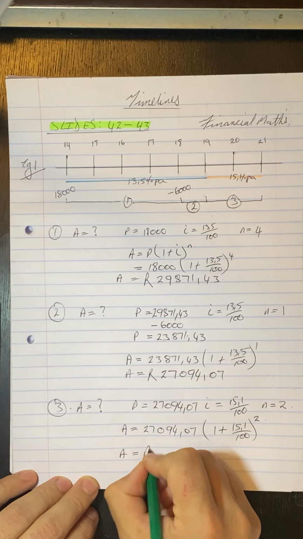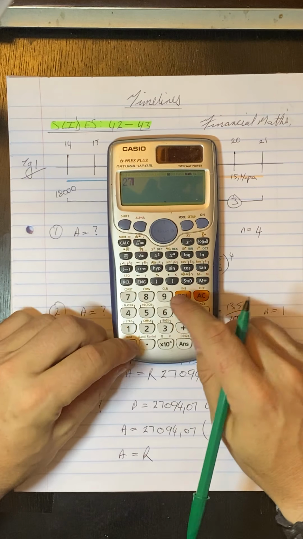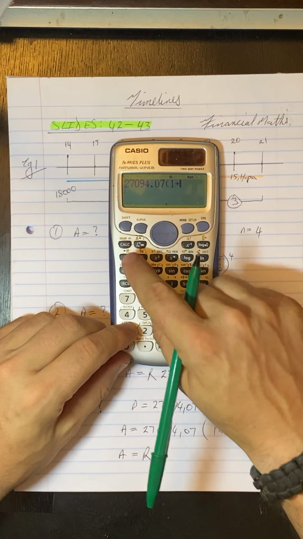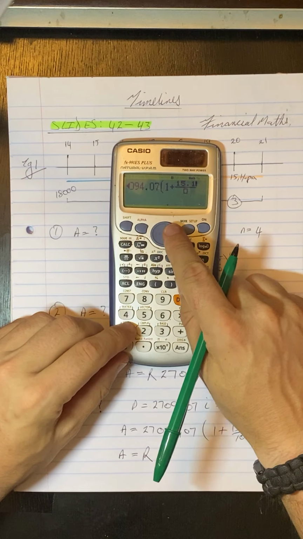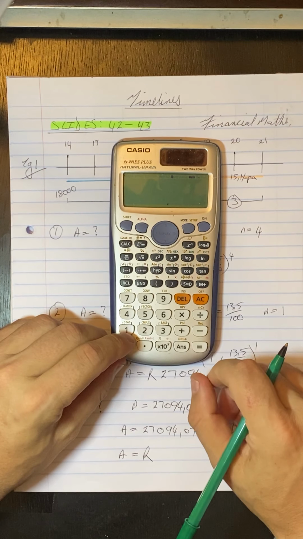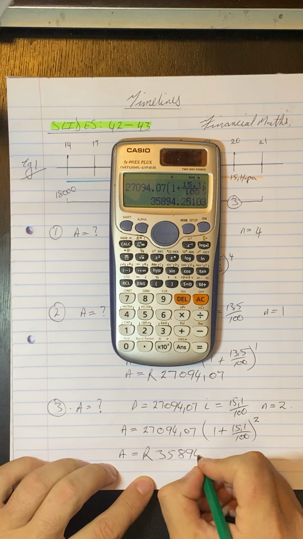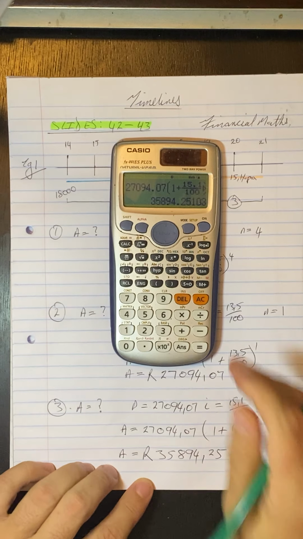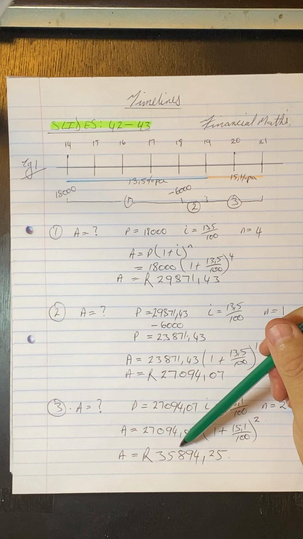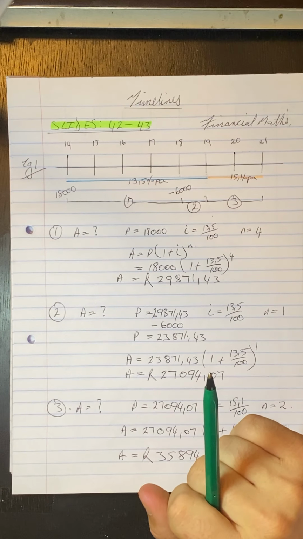And we get our final answer just by plugging it on the calculator. Right, so on his 21st birthday, the son will get 35,894 Rand and 25 cents after all of this. Okay.